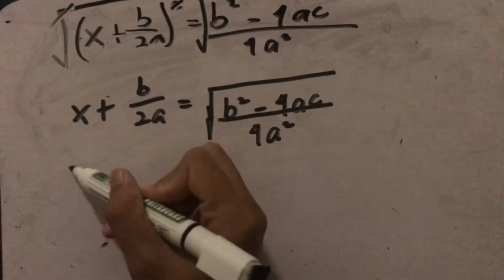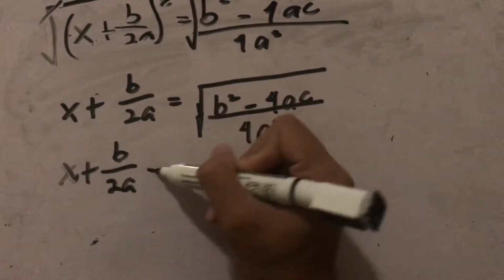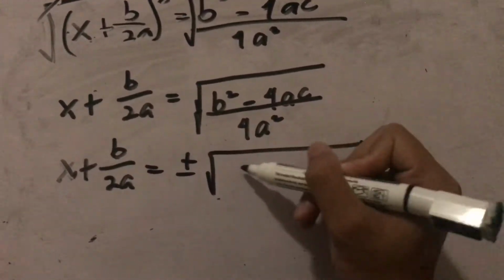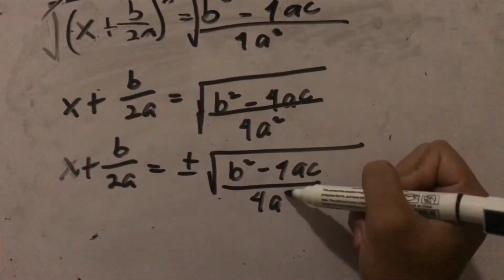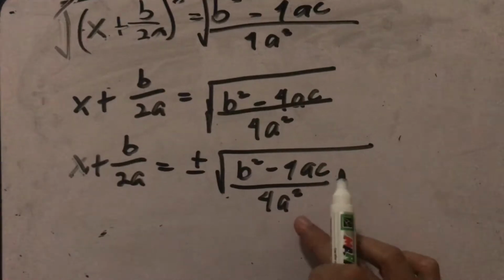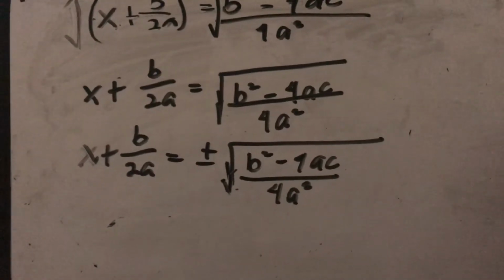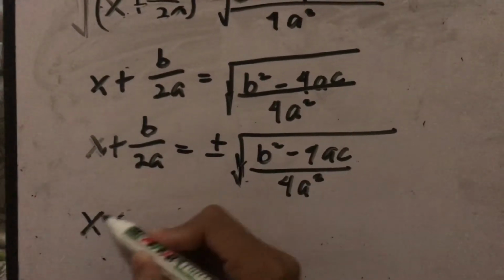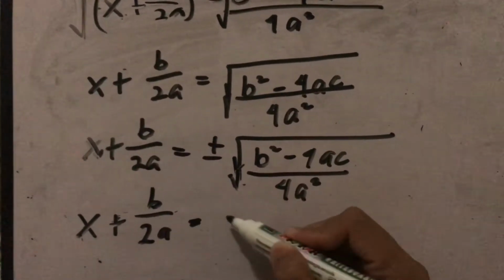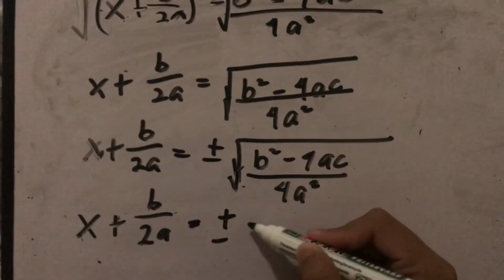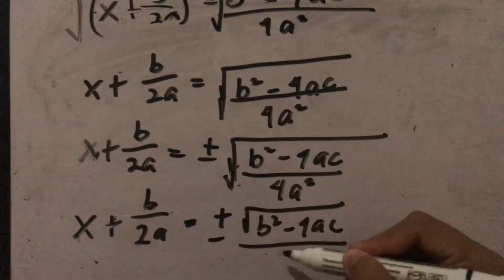So after that, magiging x plus b over 2a is equal to positive negative square root of b squared minus 4ac over 4a. So as we notice, pwede nating i-square root tong 4a squared. So magiging x plus b over 2a is equal to positive negative square root of b squared minus 4ac over 2a.